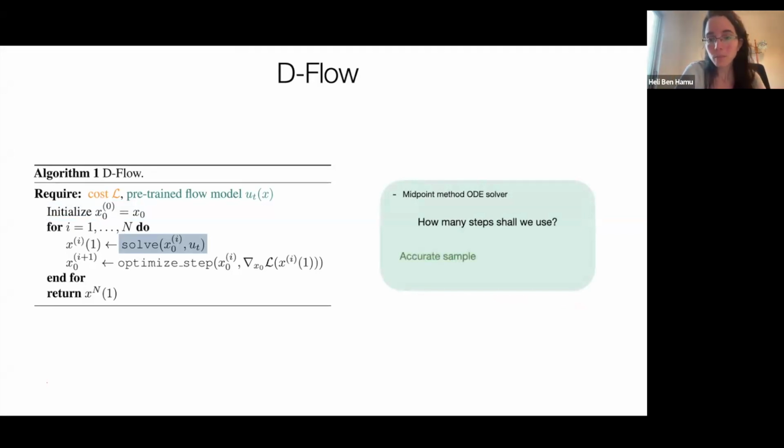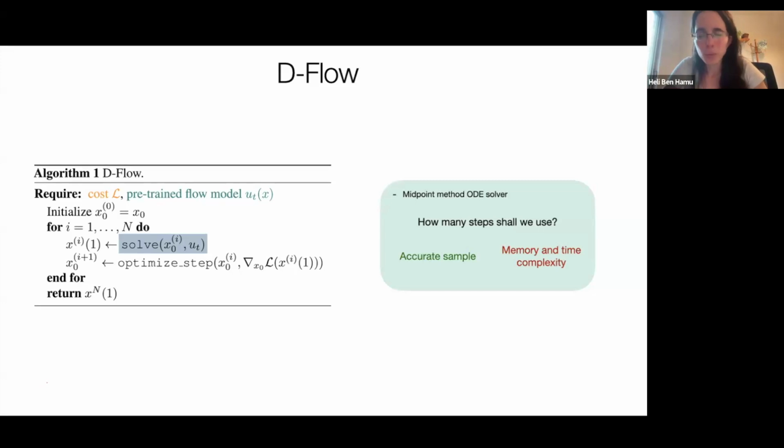And choosing how many steps has a trade-off, because if we take a lot of steps, we're going to have an accurate sample, but it is going to be very memory and time prohibitive to use a lot of steps, because, as you already asked, we're going to have to backpropagate through all of these to compute our gradient of the cost with respect to x0. So there is a trade-off here.